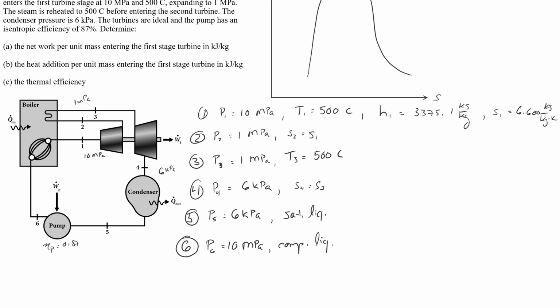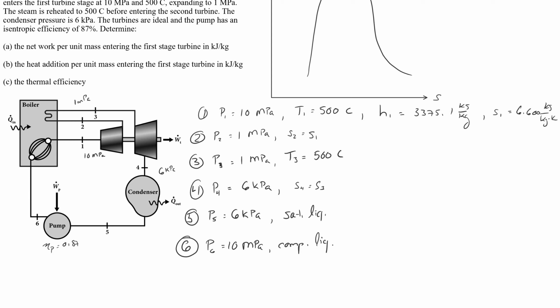using that bit of information, I can now go to my 1 megapascal block in my superheated table, okay? And so you kind of have to guess at this point whether or not it's going to be superheated or a saturated mixture, what have you. But an educated guess would be maybe state number 2 is a superheated vapor.